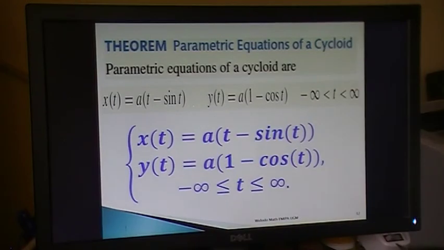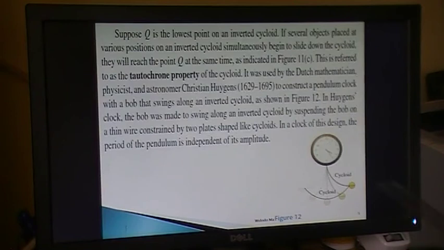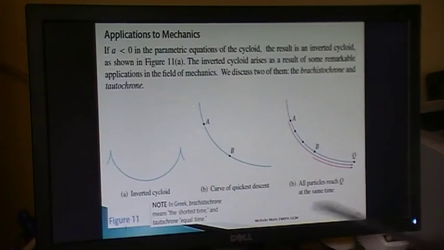As we see in many books, like the book of Sullivan, there are many examples of parametric equations, especially the famous parametric equations, the cycloid and the asteroid. We split this one because the application in mechanics will be discussed later.